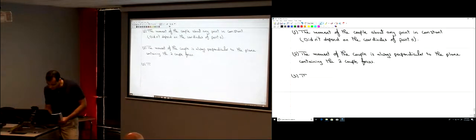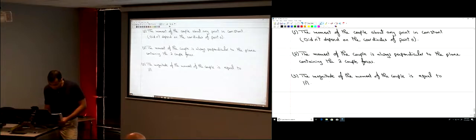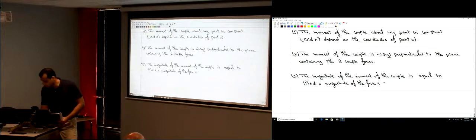So that means that the magnitude of the moment of the couple is equal to the magnitude of the force multiplied by the separating distance between the two forces, okay?